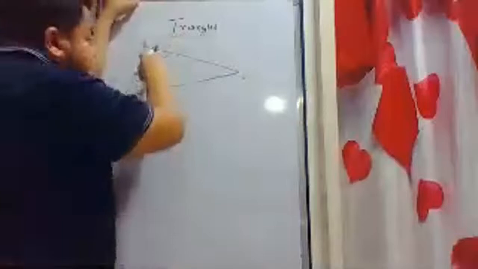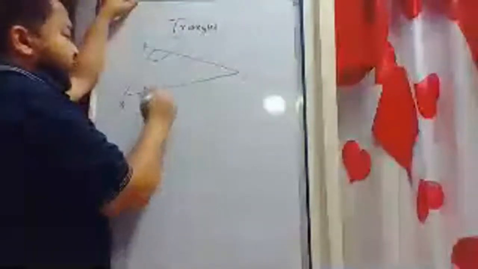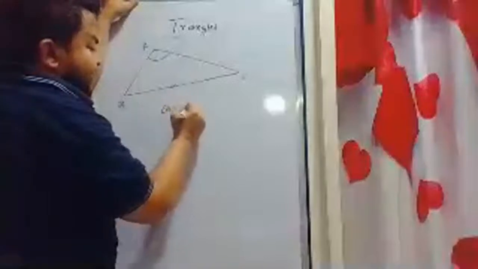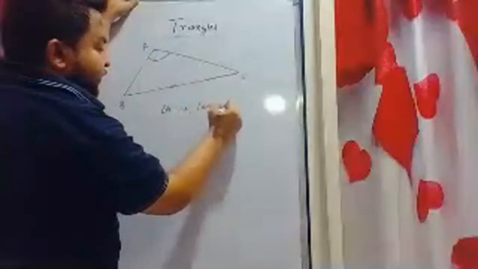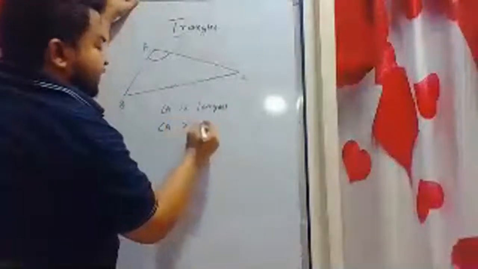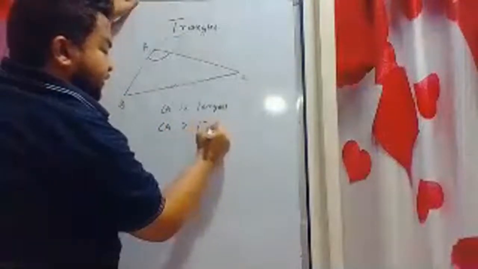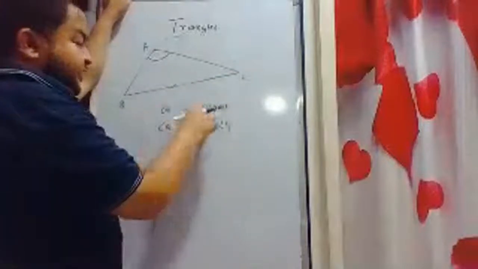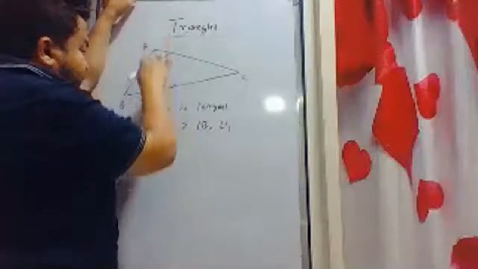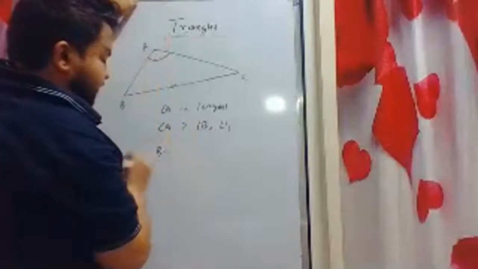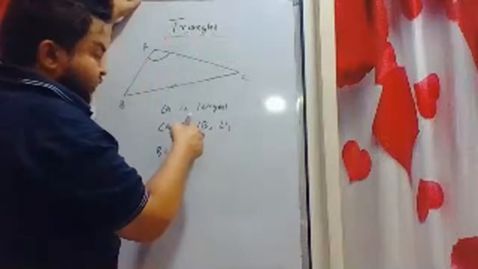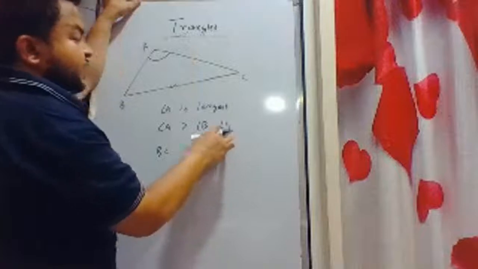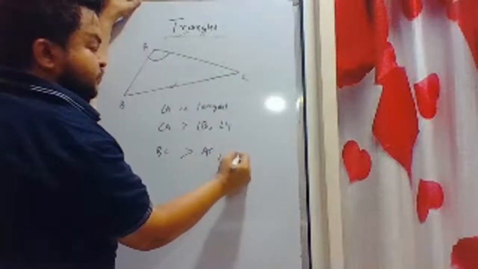And what is the side opposite to A? That is BC. So if angle A is greater than B and C, we don't know the relationship between B and C, but if angle A is greater than both of them, the opposite side of A, that is BC, will also be greater than the side opposite to B, that is AC, and the side opposite to C, that is AB.